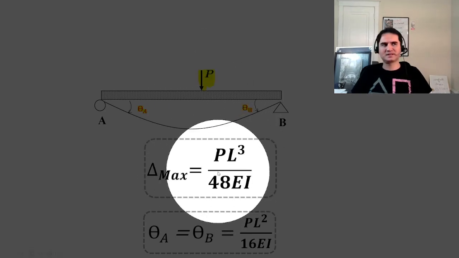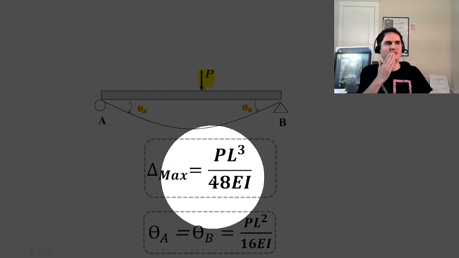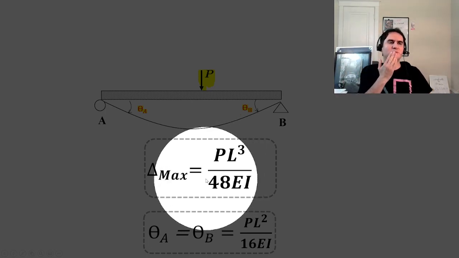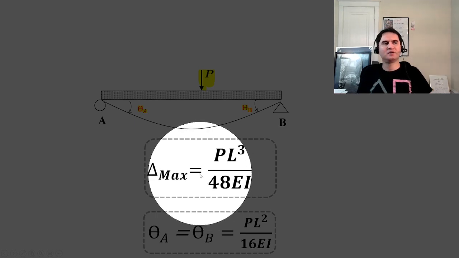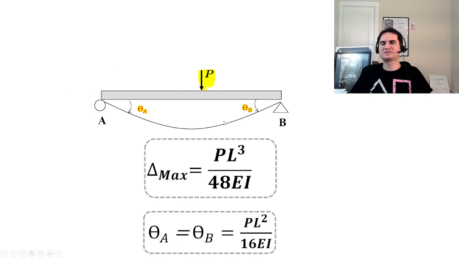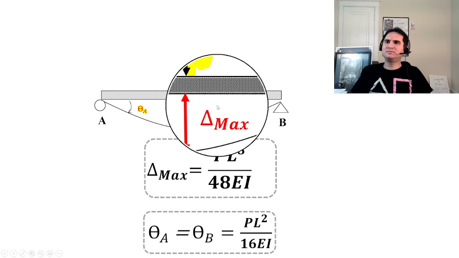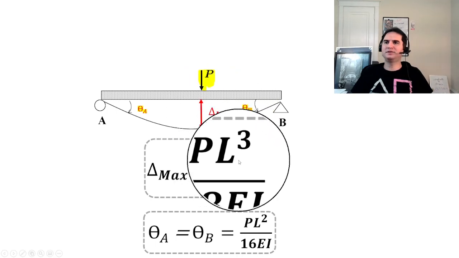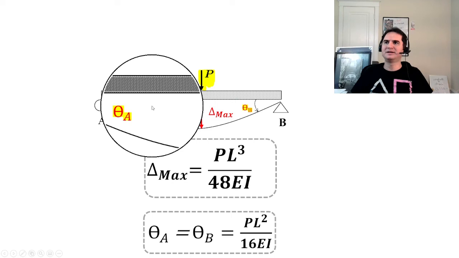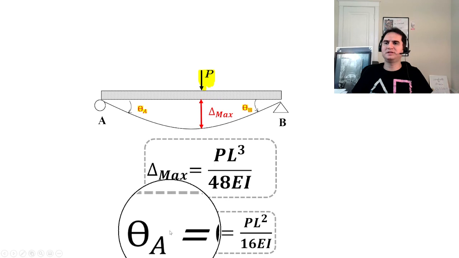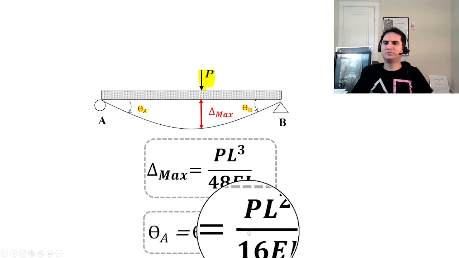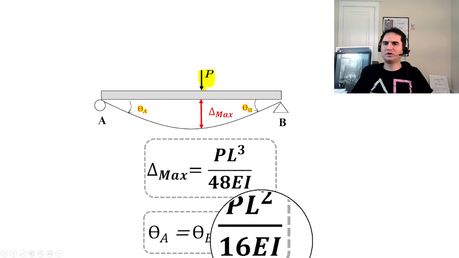We just calculated it with two methods: drawing shear, moment, slope, and delta diagrams, and also the second moment area theorem, which is an easier approach. That gives us a delta maximum of PL cubed over 48 EI at the center, and theta A and theta B are identical to each other, theta A is equal to theta B, and the numeric value of that is PL squared over 16 EI.